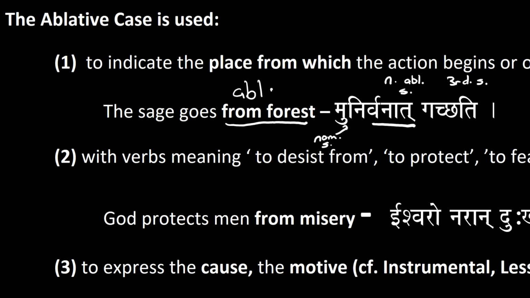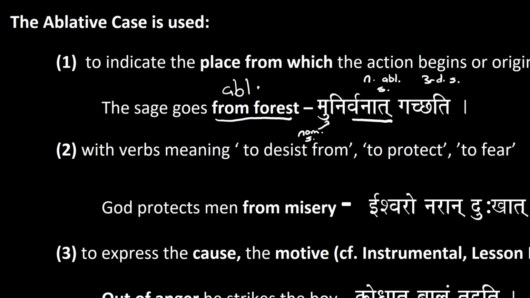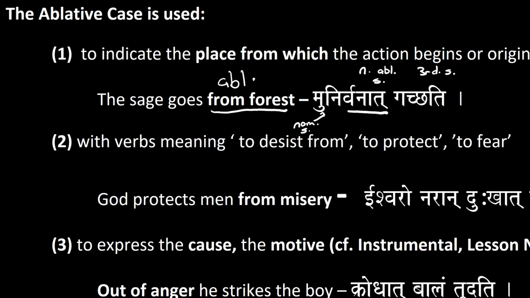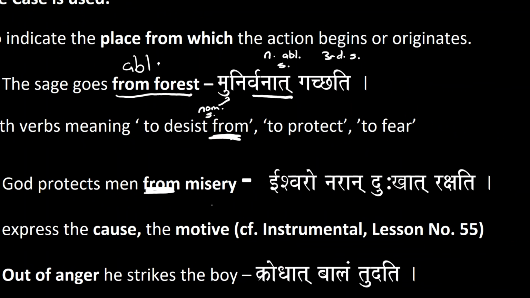Now going on to the second reason why we use the ablative case. The ablative case is used with verbs meaning to desist from, or to protect, or to fear. For example, God protects men from misery. The keyword here is "from misery." God is the subject here, and the subject is usually represented by the nominative case.